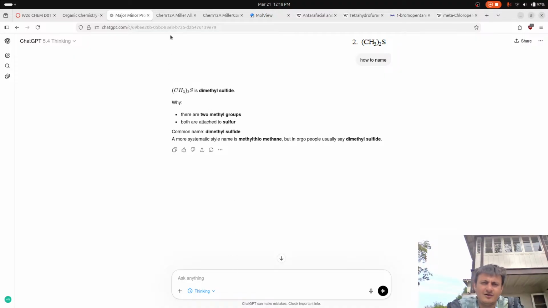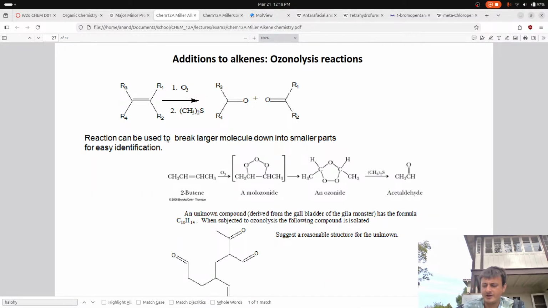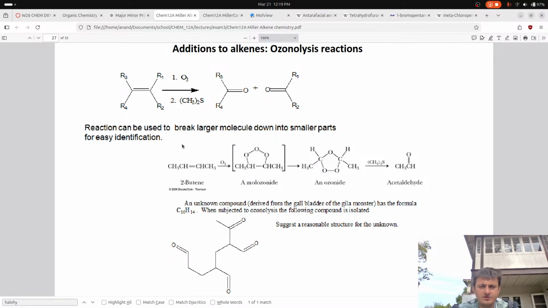Dimethyl sulfide. Oh, okay, that's an easier name. I don't know why I was trying to do something crazy. Okay, anyways, so we add dimethyl sulfide, and this forms two carbonyls. The reaction can be used to break larger molecules down into smaller parts. 2-butene.